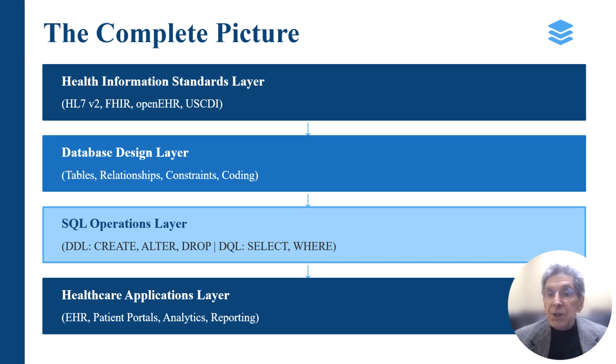Below that is the SQL operations layer. The data definition language commands such as create, alter, and drop define the structures. The data query language, on the other hand, has commands like select, where, and order by that retrieve data. These are how we interact with the database, creating schemas and querying the data.